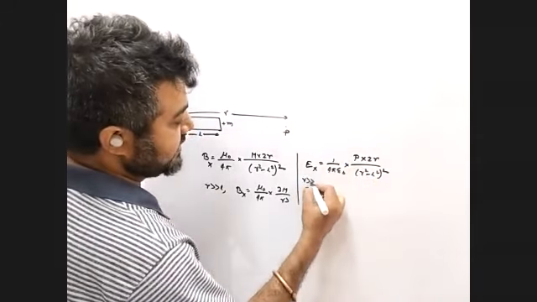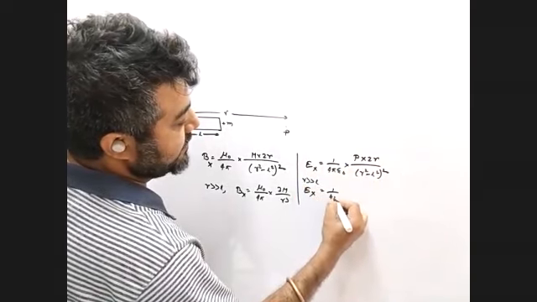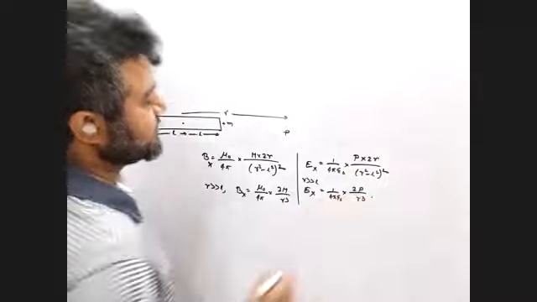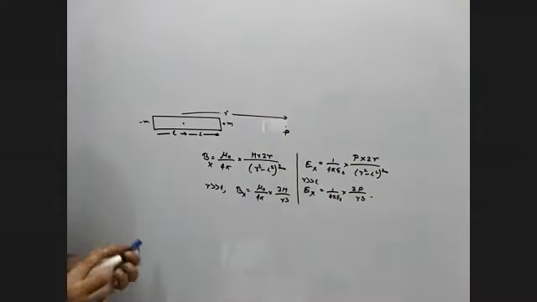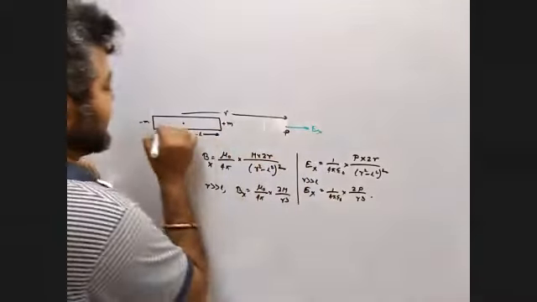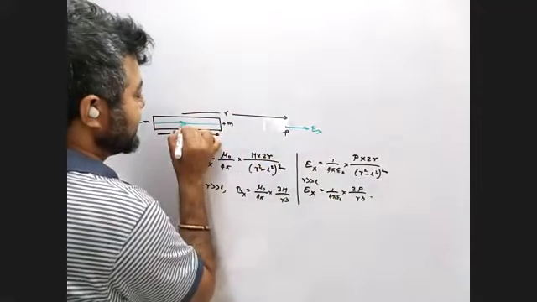If R is greater than L, 1 by 4 pi epsilon naught 2p by R cube, right? And even for the direction, they are exactly the same. For axial position, net electric field and net dipole are in the same direction, right?